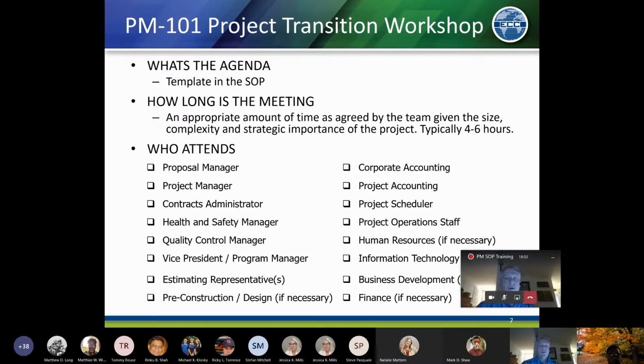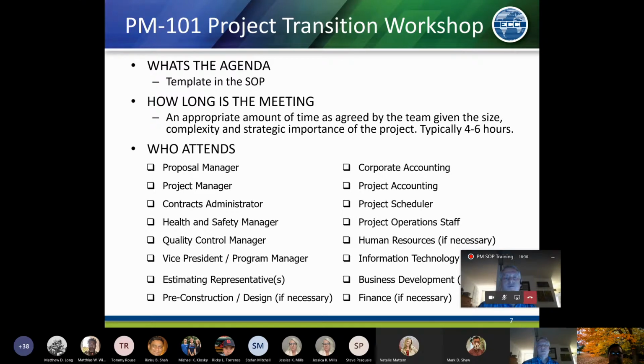The important thing with the agenda is to remember that it's flexible. The agenda looks pretty extensive, and the components are extensive, but the requirements you should adjust accordingly depending on the size of the project. You're not going to need as extensive of an agenda for a small project as you would for a very large project.